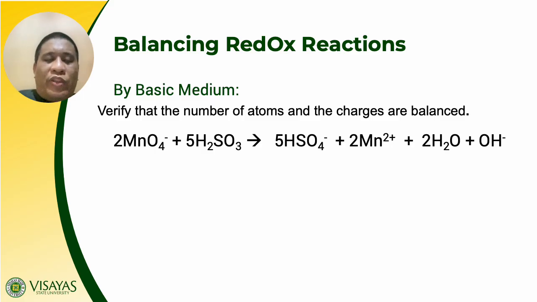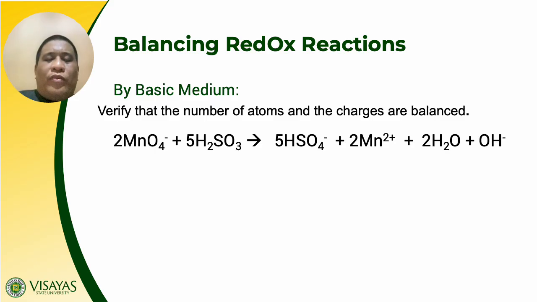Now we can check for the charge. On the reactant side, you have 2 moles of permanganate ion, so that's negative 1 times 2, that's negative 2. For the product side, we have 5 times negative 1 for the hydrogen sulfate, so we have negative 5. Then again, we have 2 times positive 2 for manganese, that's positive 4.